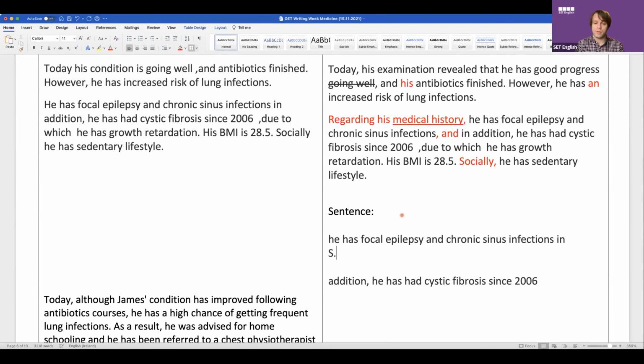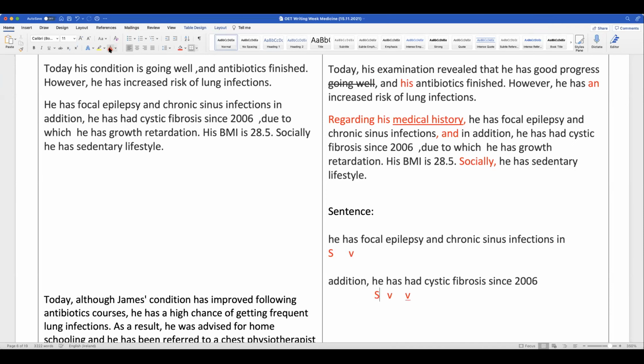Has. So when I see that, I know that I have one independent clause. Okay, but is there anything else? Is there another clause? Yes, he has had in addition. This tells me there's another clause here.